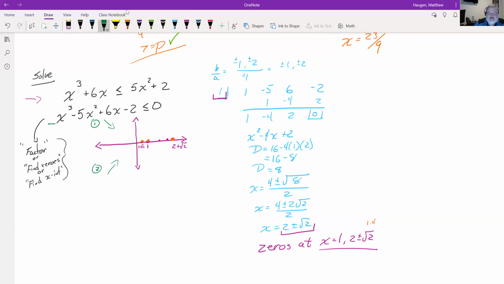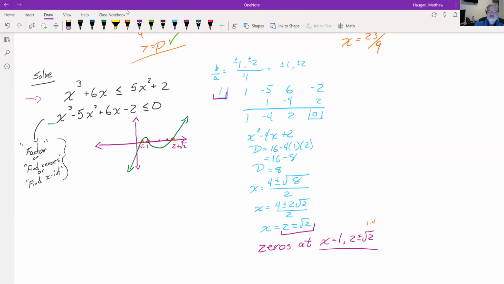Yeah, we got a positive leading coefficient. So that means it's got to come generally upward. It's an odd degree, so it's going to go from down here and then leave out that way, right? Our zeros all had multiplicities of 1, so they're all going to pass through. No bouncing happening here. So, okay, we don't know how high or low it goes, but that's generally how the function is going to look.